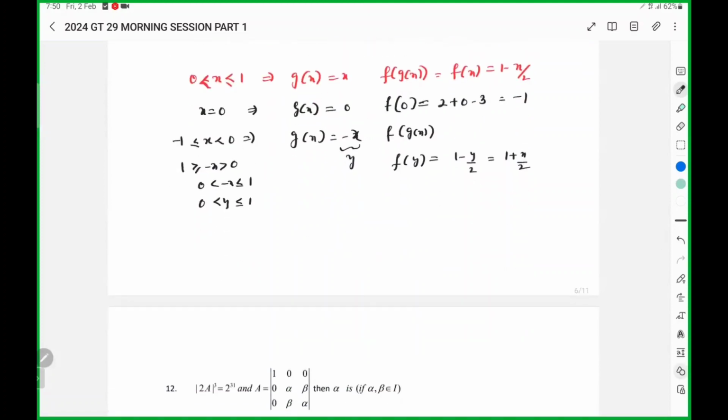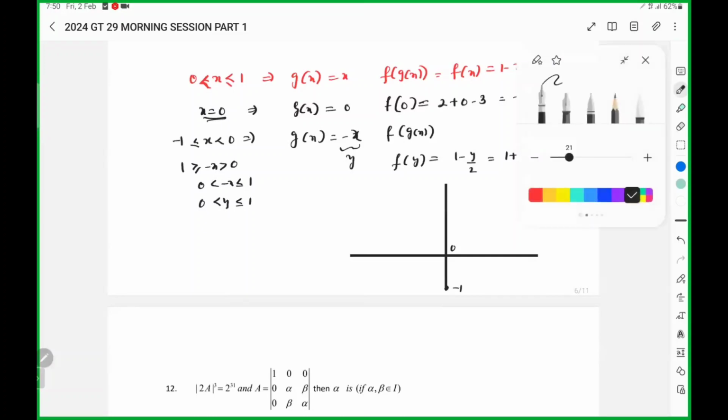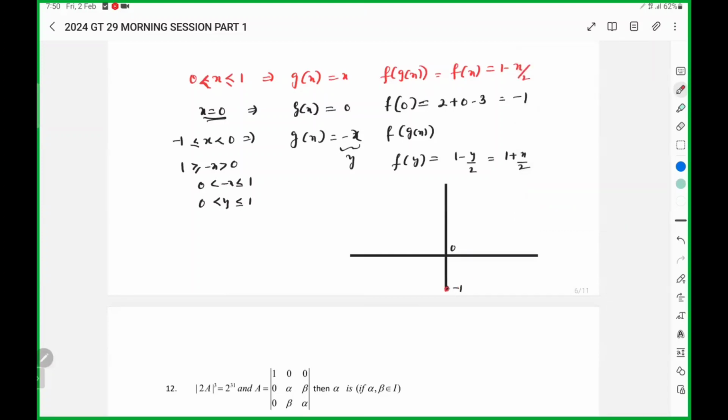Now let us draw a graph to analyze it. At 0, peculiarly we get minus 1. I will denote it with a red mark. And then here 1 minus x by 2, for 0 to 1. y equal to minus x is this.